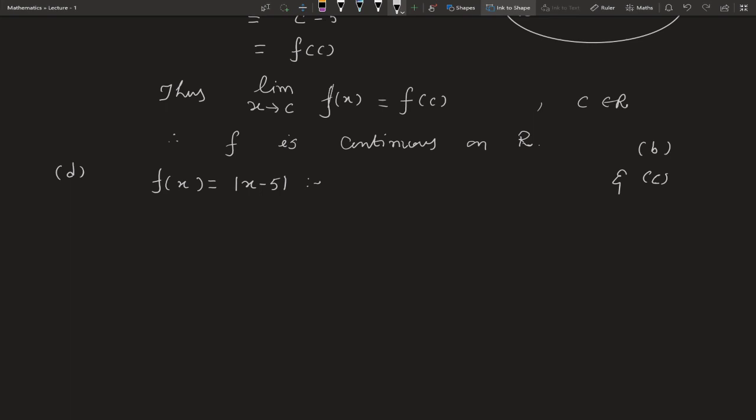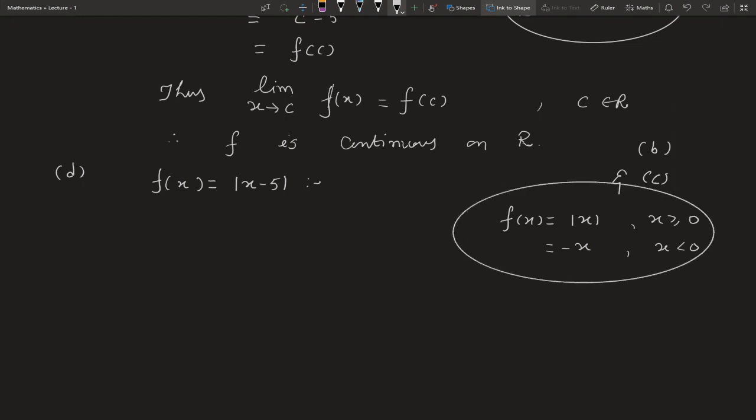So we know the definition of the modulus function. You recall, f of x equal to mod x is x if x is greater than or equal to 0, and its value is minus x if x is less than 0. This is the definition of the modulus function.